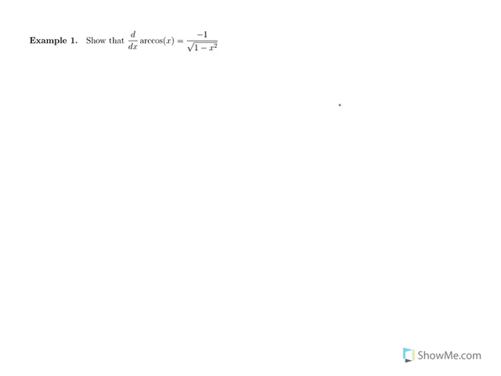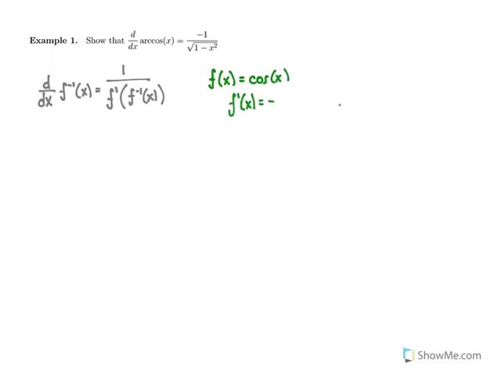And we will use the formula here that the derivative of the inverse function is 1 over the derivative of f of the inverse function. And note that in this case, our function f is cosine, so its derivative is negative sine. And our inverse function is arc cosine.